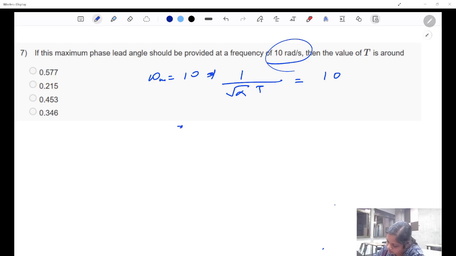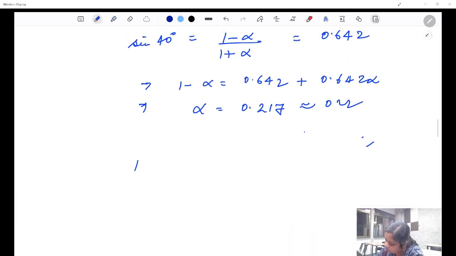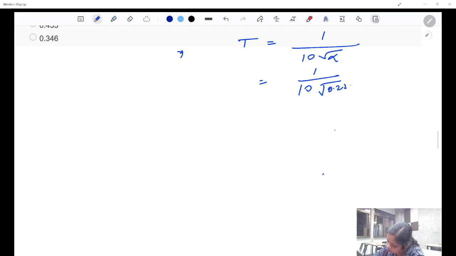So from here, T is equal to 1 upon 10 root alpha, which is 1 upon 10 root 0.22. Can anyone calculate this and tell me what it is?